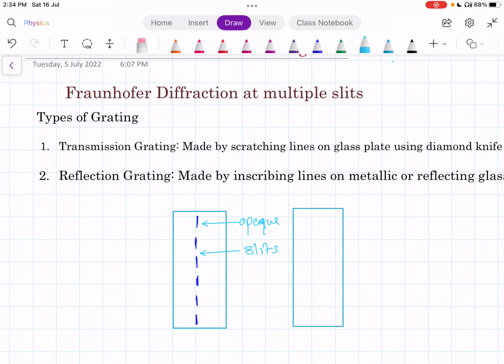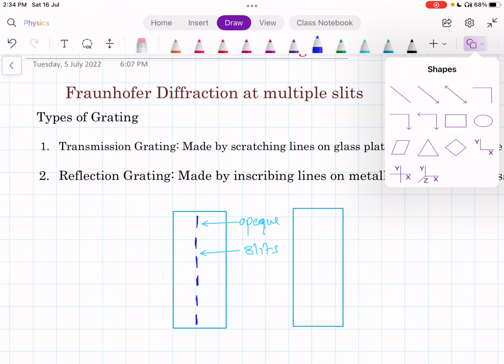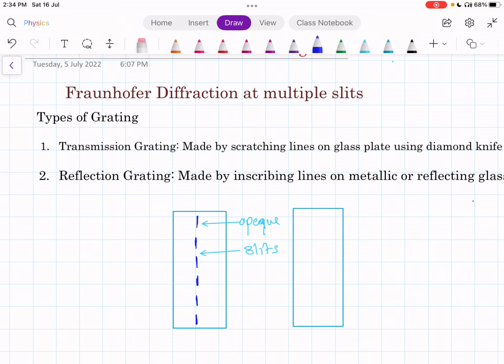Another type of grating is called the reflection grating. The reflection grating is made by inscribing lines on a metallic surface or on a reflecting glass surface.